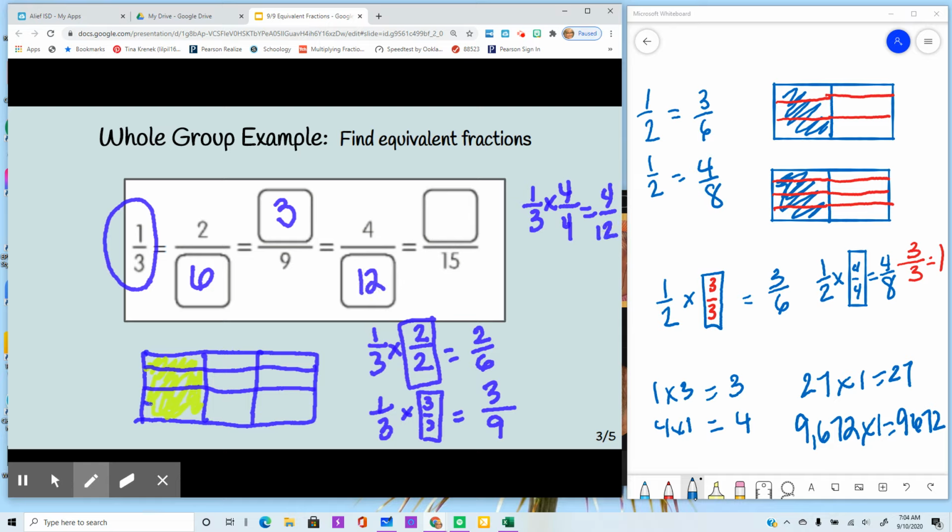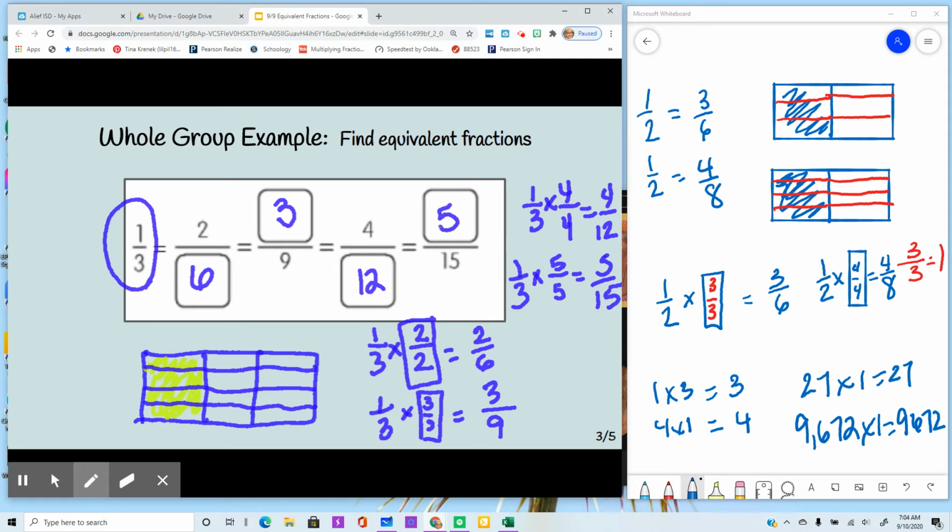And if I add another line here, cutting my original third into 4 sections, then I can see where my 12 comes from. And last, we have something over 15. Well, what times 3 gives me 15? 5. 5/15.